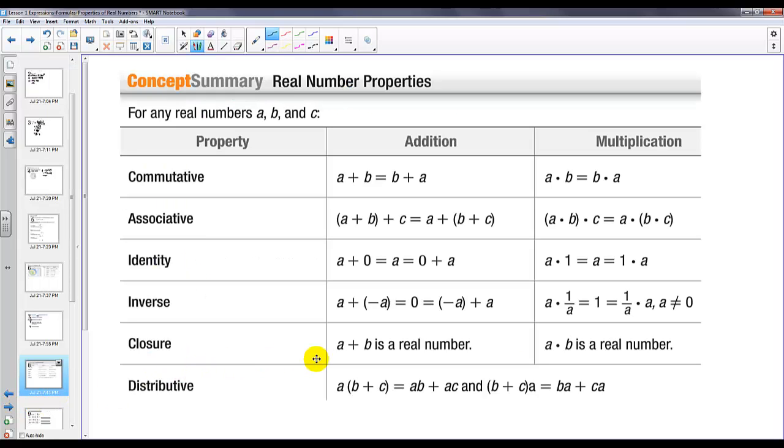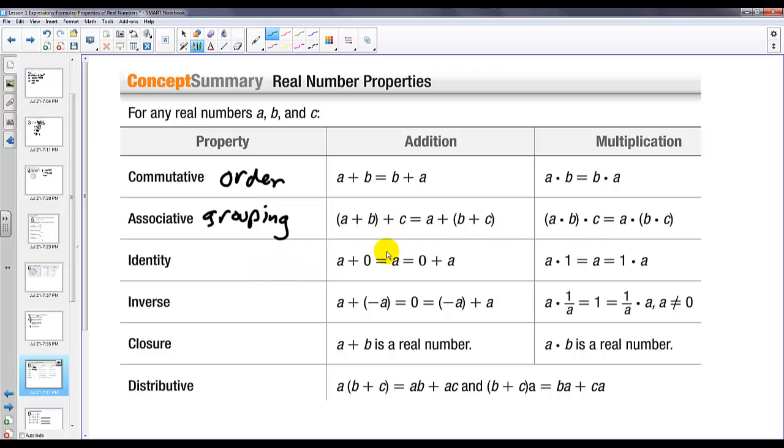So if we take a look at some properties of the real number system, the commutative property talks about order and basically says you can add or multiply two numbers in any given order and get the same answer. Associative deals with grouping, and you can change the grouping of any addition or multiplication and get the same number.